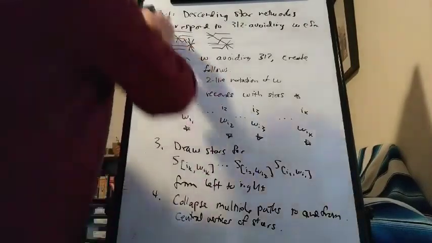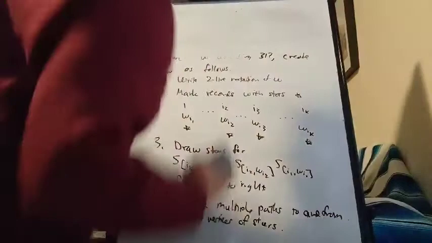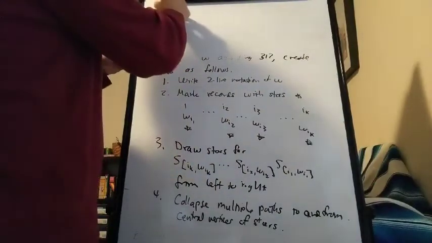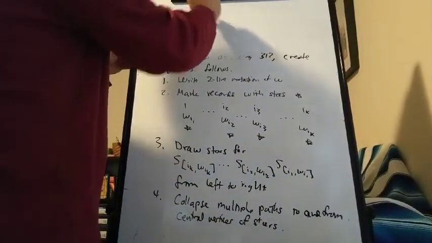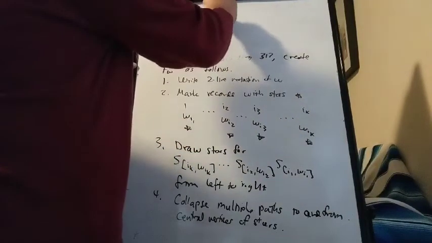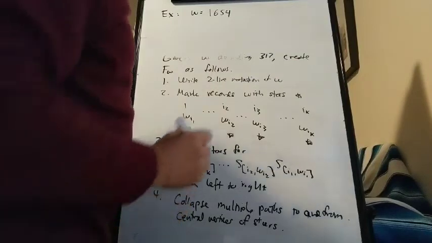So, for example, let W be the permutation 1654723.